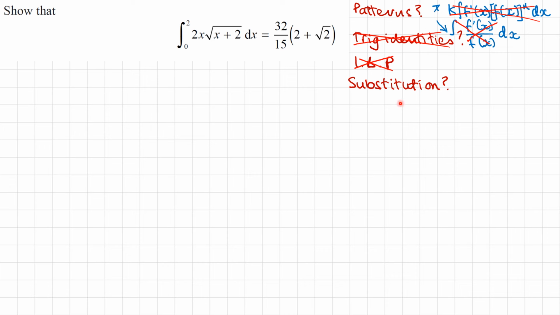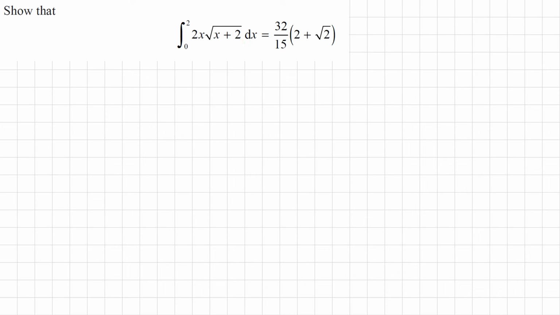However, substitution would be a good way forward in this question, because I can probably substitute all of these different parts of the question in terms of u. So when you have this type of question, you really want to be looking at what's the thing that would be inside brackets if you wrote it with brackets.